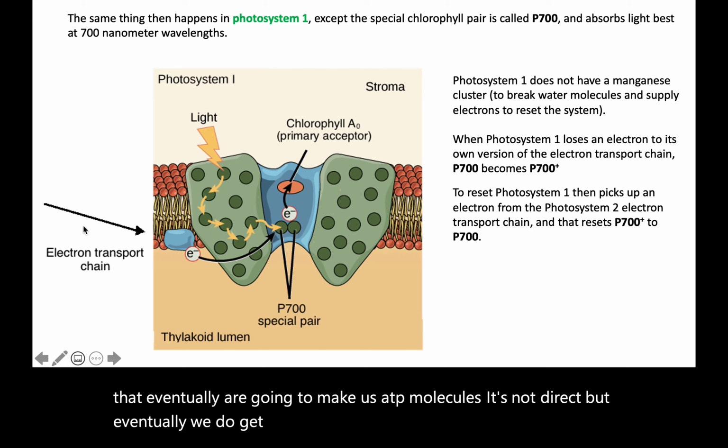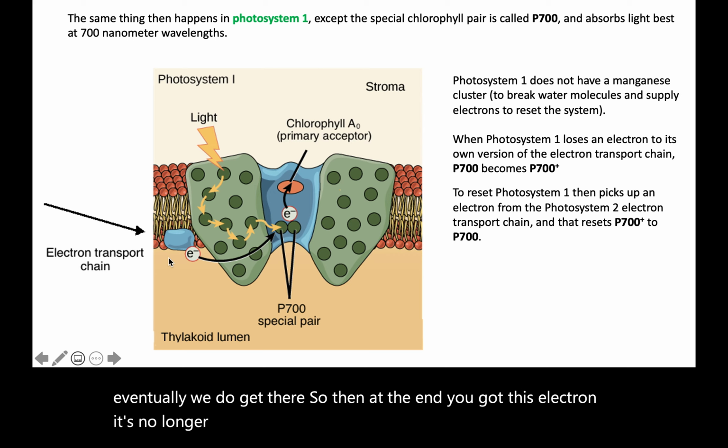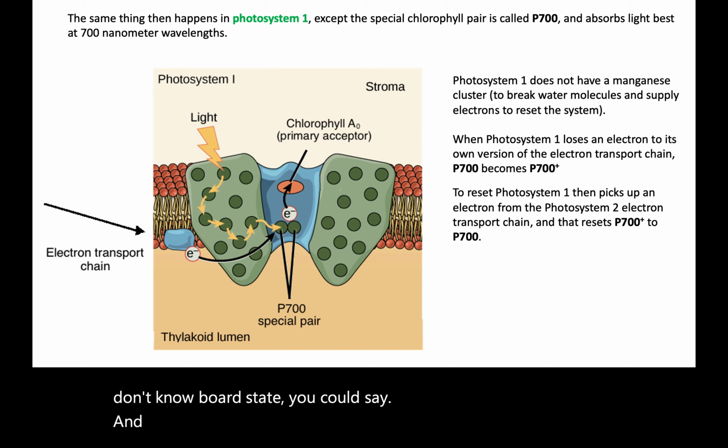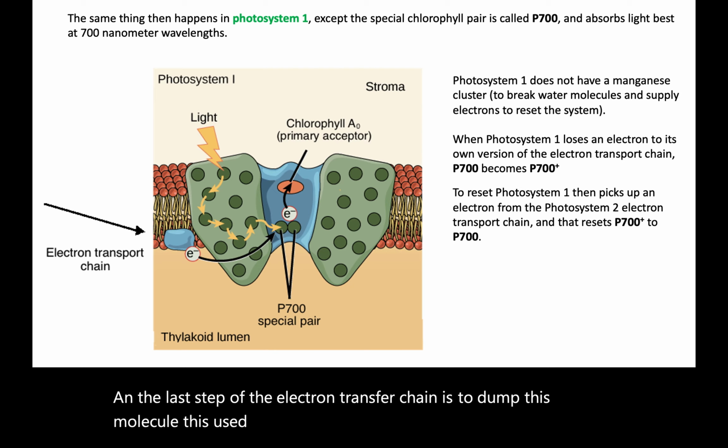And so then at the end, you've got this electron, and it's no longer in an excited state. It's actually in a very bored state, you could say. And the last step of the electron transfer chain is to dump this used up electron onto P700 plus. Because P700 plus is desperate.